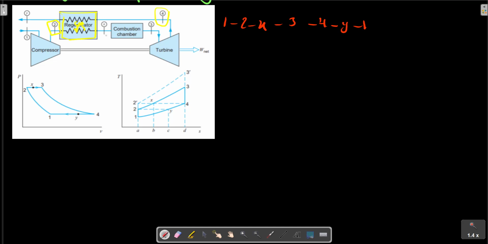If this is done in a counterflow heat exchanger, the temperature of the high pressure gas leaving the regenerator, Tx, may in the ideal case be equal to T4.